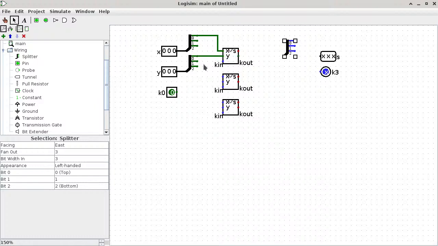In other words, this particular adder here, this is a full adder, it is in charge of column 0. This one is in charge of column 1, this one is in charge of column 2. So if you look at this diagram, in order to deal with column 0, we need X and Y, and then we also need K0. So that's why K0 is the one that needs to go here.